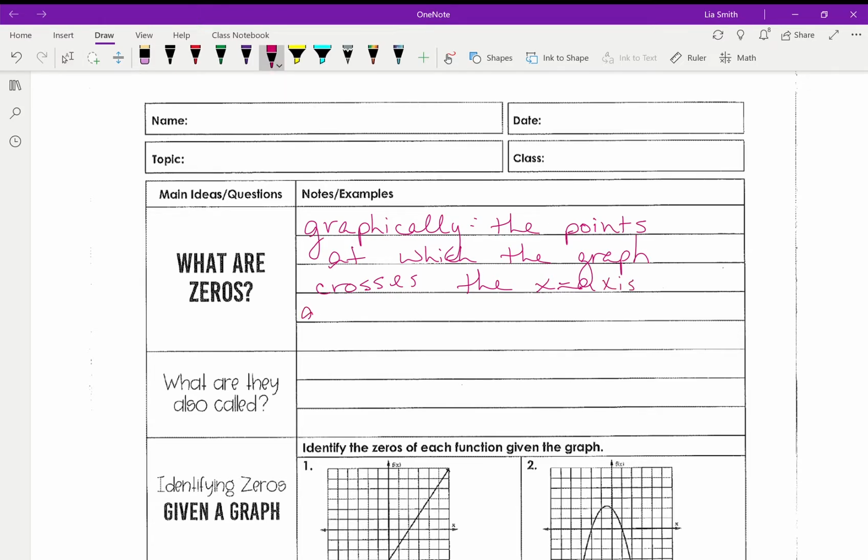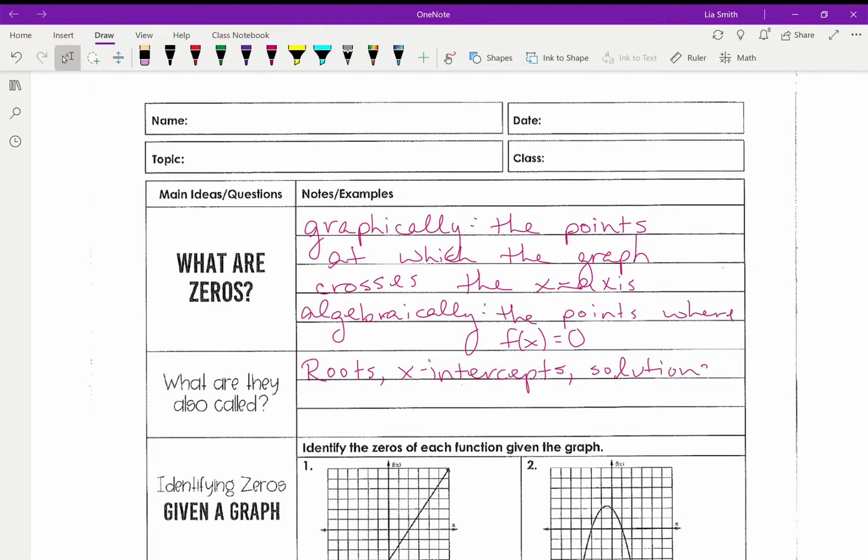Algebraically, it's the points where f of x is equal to 0. If you think back to Unit 4, they're also called roots, x-intercepts, and solutions. They all mean the exact same thing.